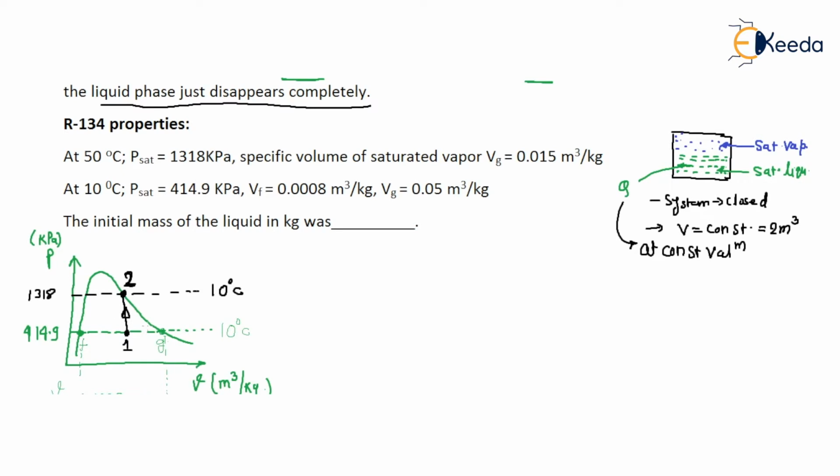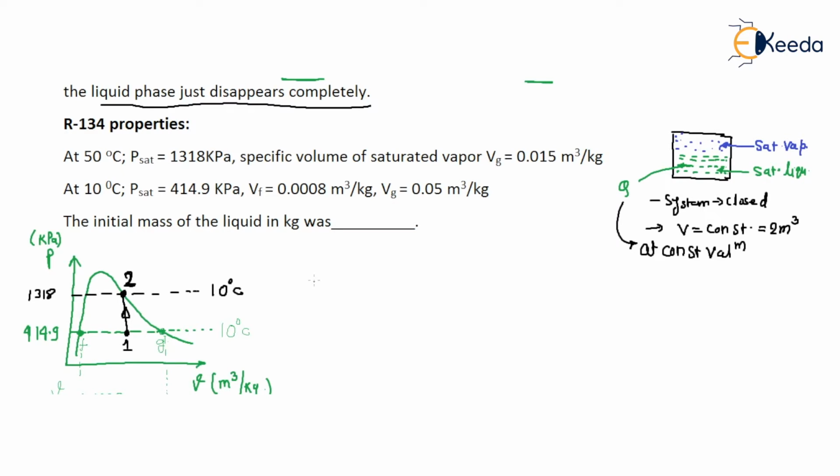What is the initial mass of the liquid in kg? For that, we have to calculate V1 and the dryness fraction.